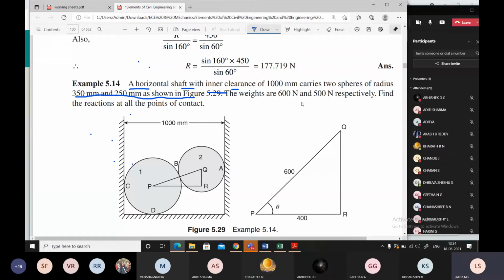The weights are 600 Newton and 500 Newton respectively.